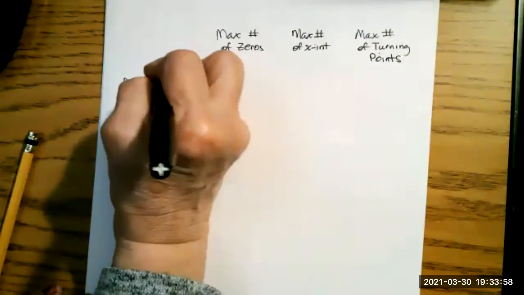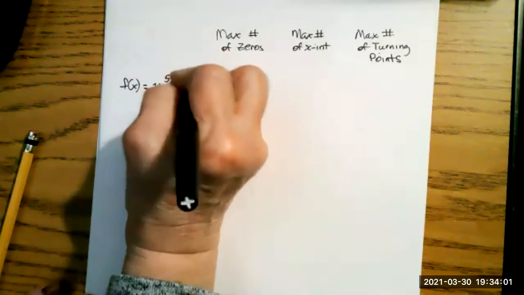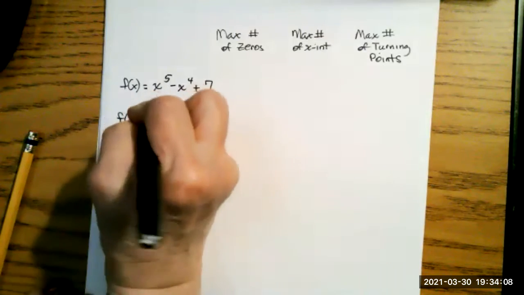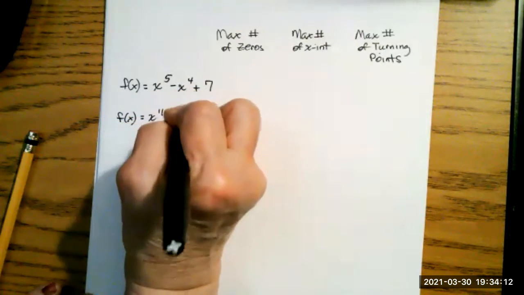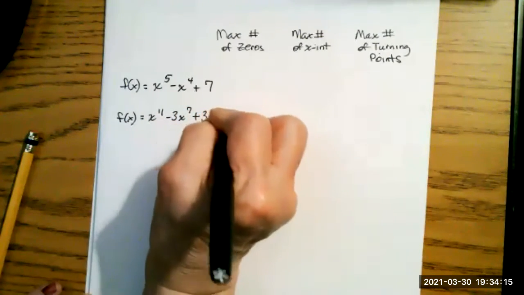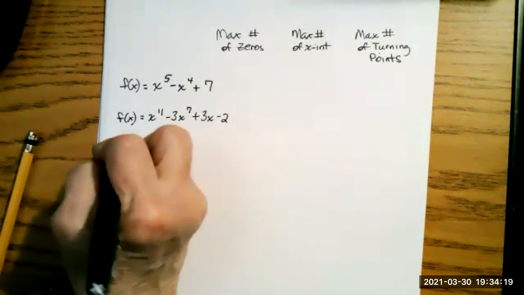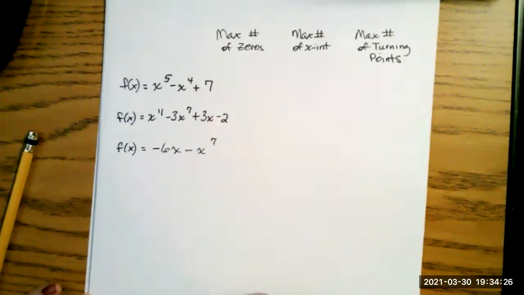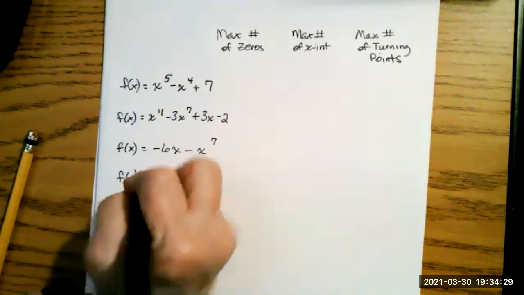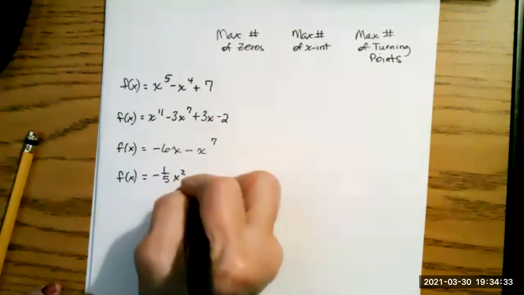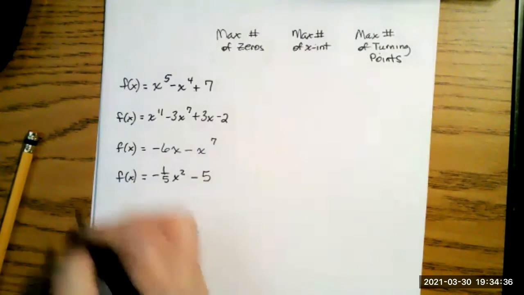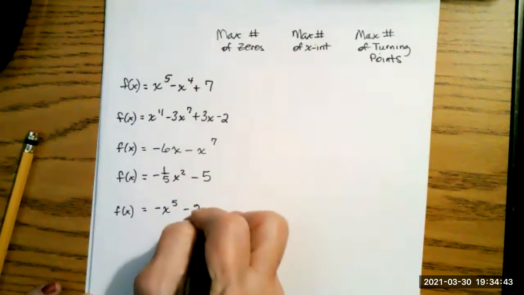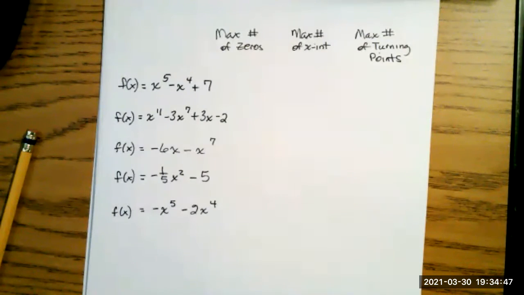Can you read that? f(x) = x^5 - x^4 + 7. f(x) = x^11 - 3x^7 + 3x - 2. f(x) = -6x - x^7. f(x) = -1/5 x^2 - 5. f(x) = -x^5 - 2x^4.